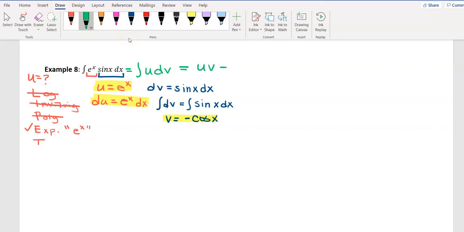So uv minus v du. So this is our formula that we're going to plug in for. Okay, so let's go ahead and plug in. So our u is e to the x. Okay, our v is negative cosine of x.